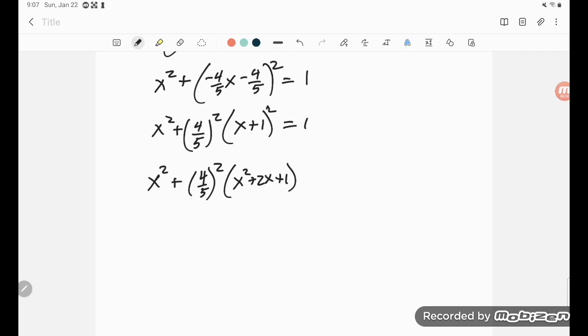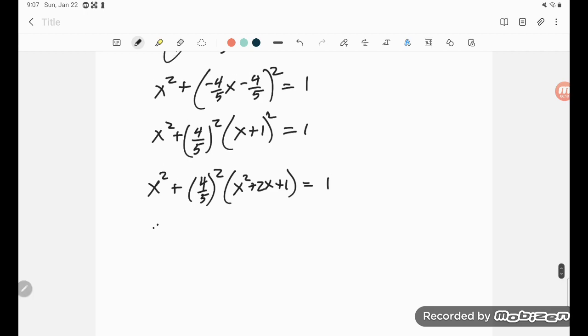See, that was much easier to square that way, equals 1. But now I still have to put all this stuff together. Well, what I could do to make my life a little easier, take a couple more steps. 16 over 25, oops, this is plus, x squared plus 2x plus 1 equals 1.